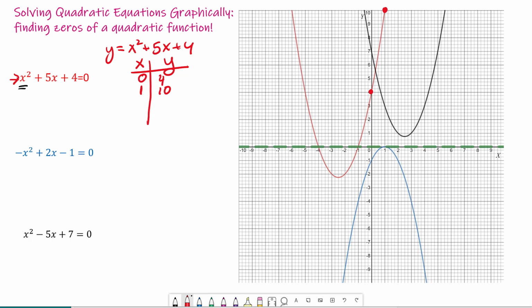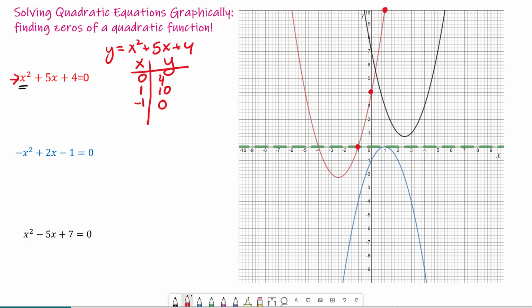Let's look at x equals negative 1. What do we have at negative 1? Negative 1 squared is 1, plus 5 times negative 1, which is negative 4. So we get negative 4 plus 4, it's exactly 0. So in this case, it's actually quite simple. We actually got one of the points that solves this equation because it's right there on the x-axis.